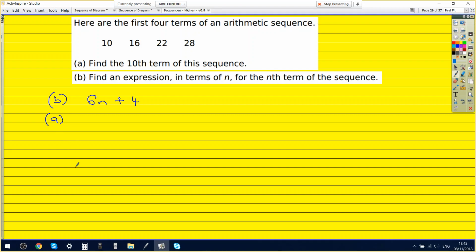How do I use that to help me again? So how are we doing them before? If it's 6n plus 4 and we want the 10th term? So do I add 4?